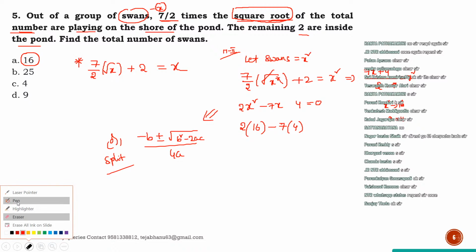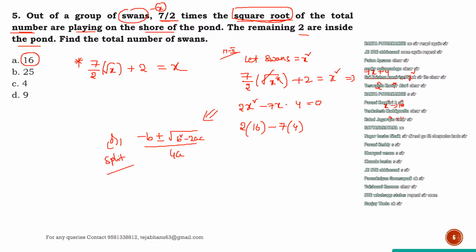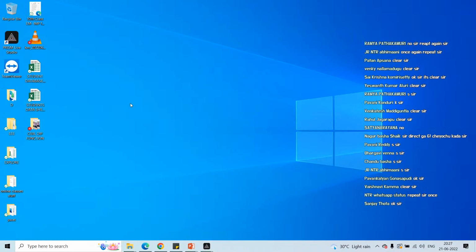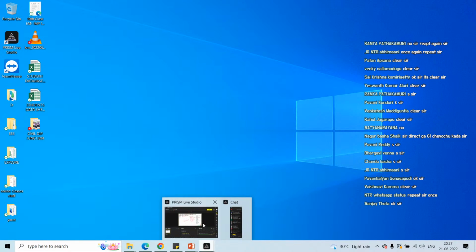So 7x minus 4 is equal to 0. This value is 32, 28 minus 4, minus 32, so 0. Only option A. The number of swans present there is 16.